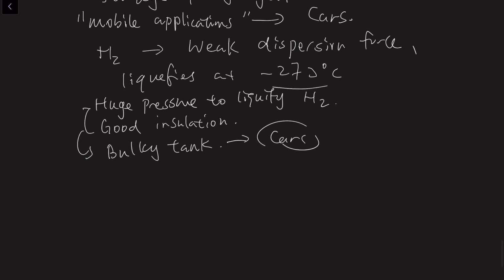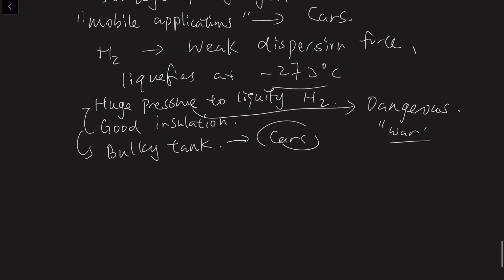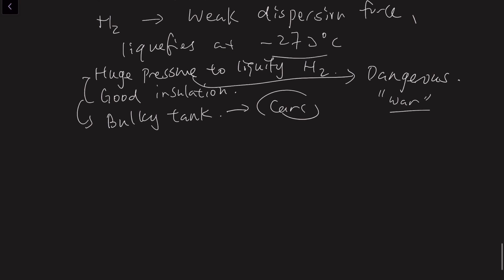And also, such high pressure could be dangerous. If a hydrogen tank explodes, it can generate a huge amount of energy. So the hydrogen bomb or hydrogen tank is used during war to cause mass destruction.